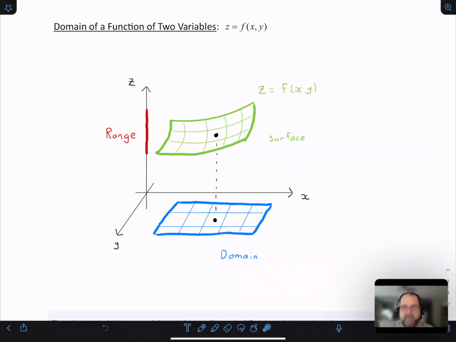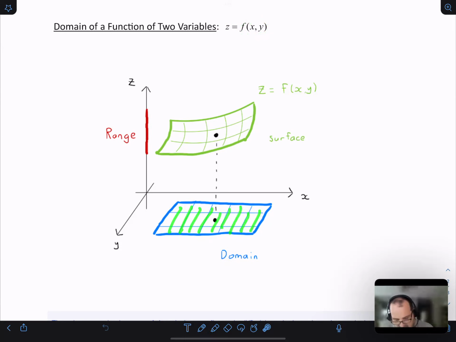So as a little picture in your mind, we are talking about picking coordinate pairs, plugging them into a function and getting an output. That means the coordinate pairs, the ones we can pick from the plane, basically correspond to the domain. And so the domain of a function of two variables really represents a region in the xy plane.